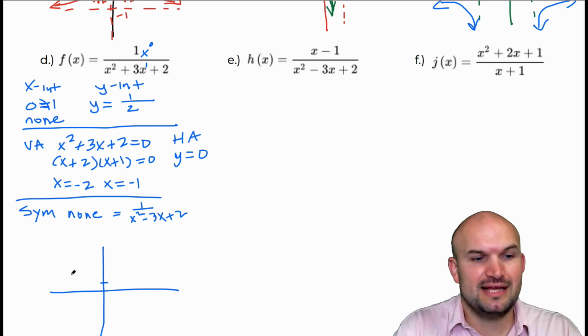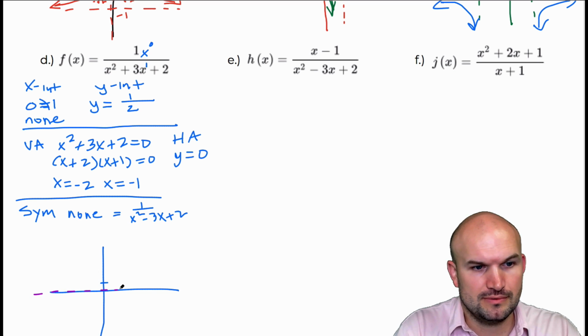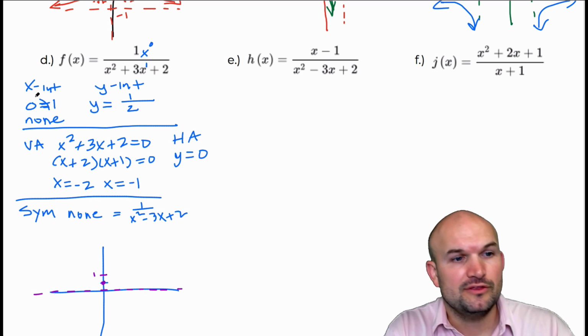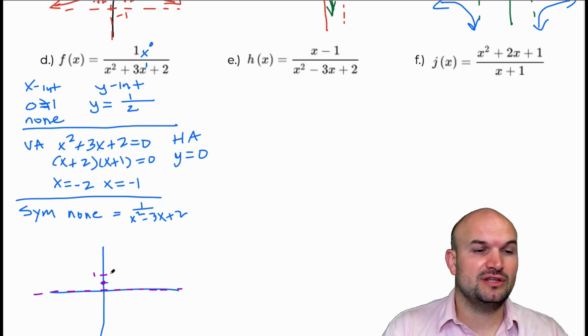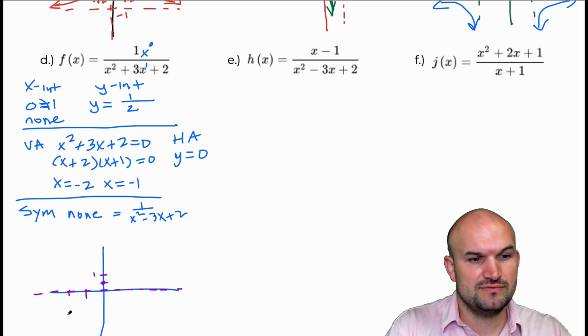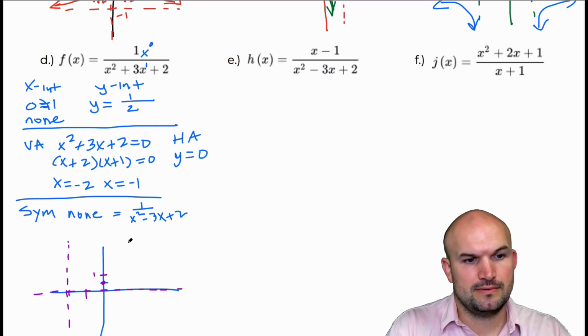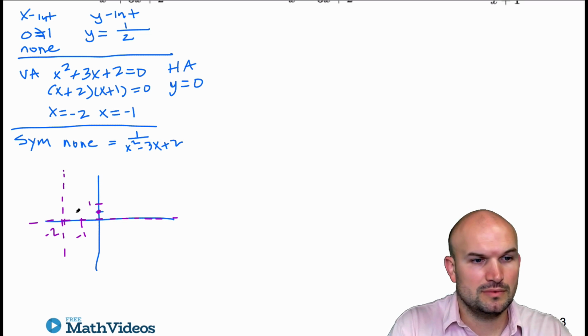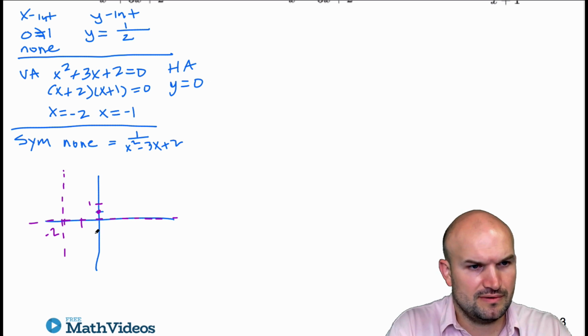We have a horizontal asymptote at y is equal to 0. So let's put a 1 right there. There's no x-intercept, but we do have vertical asymptotes at x equals negative 2 and negative 1. Let's move that to the side.